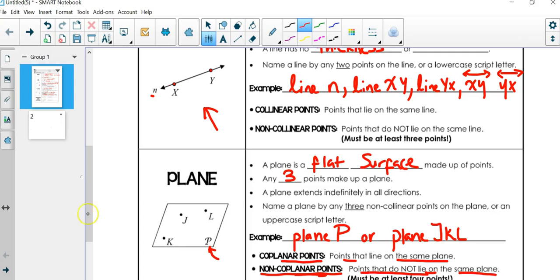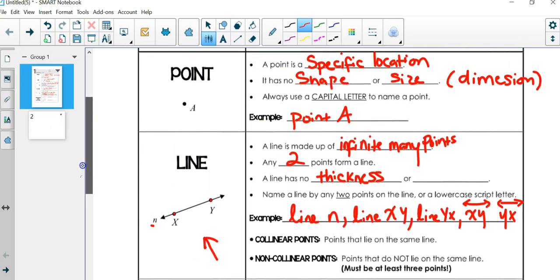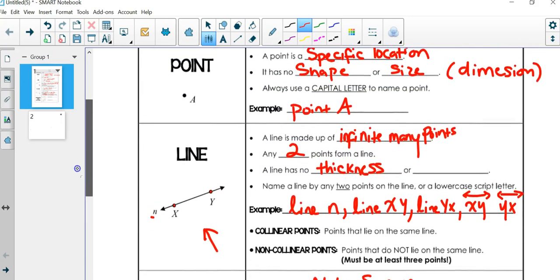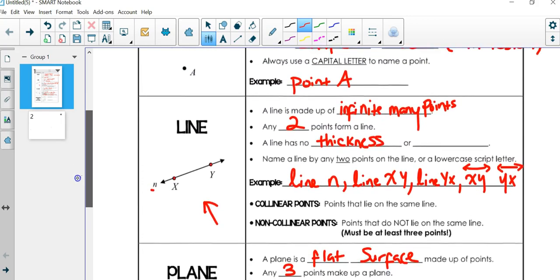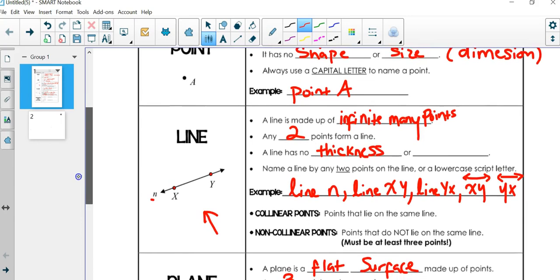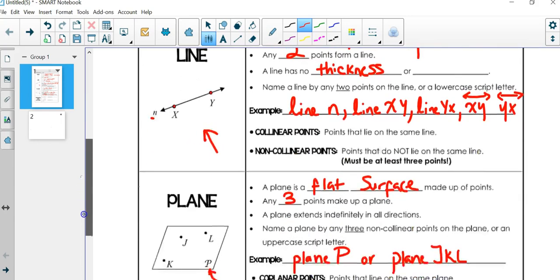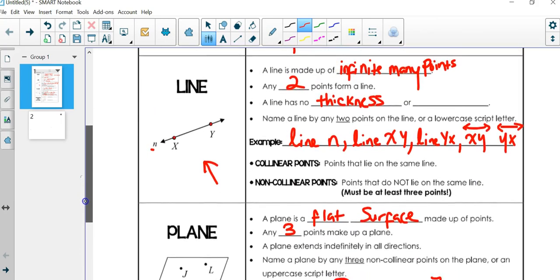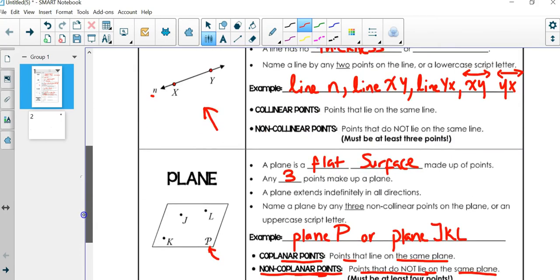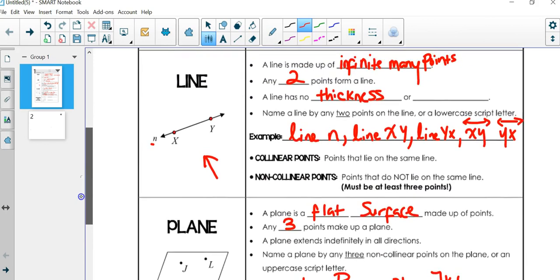So what have we discussed so far? We've discussed that a point is a what? Specific location, good, with no dimension. And we always use capital letters to name a point. A line is made up of what? Infinitely many points, good. And how many points make a line? Any 2 points. Awesome.